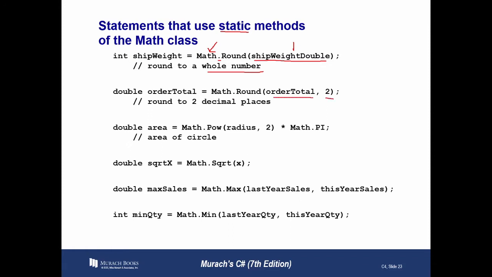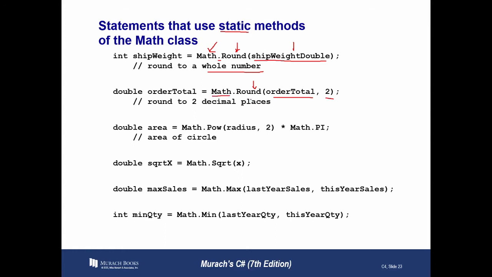That's an example of something called method or function overloading. You've got the round method here and here. In this case I'm only passing 1 argument, but in this case I'm passing 2 arguments. So they're versions of the same function in the Math class.